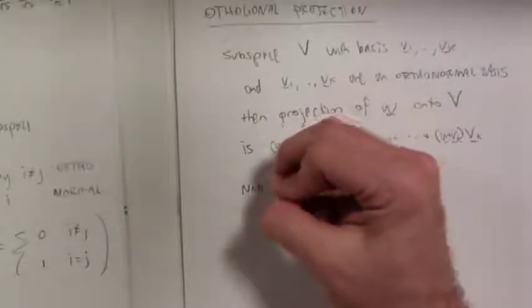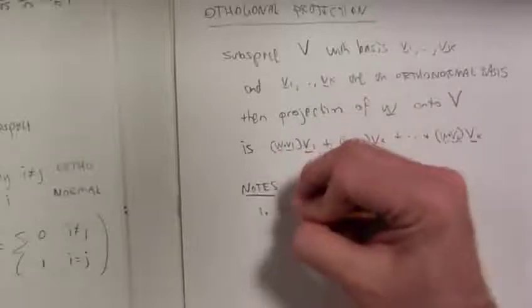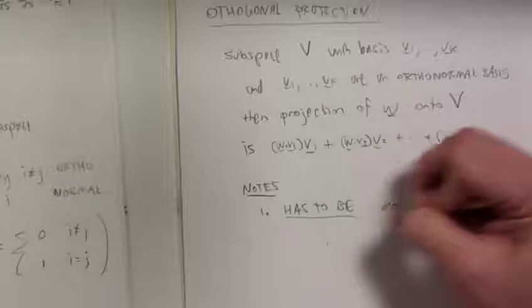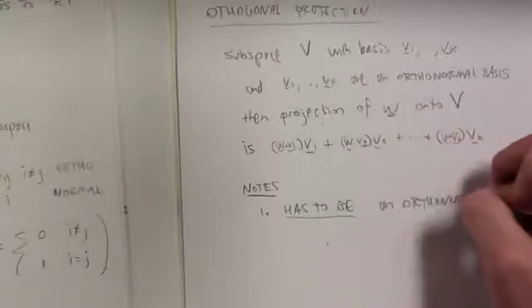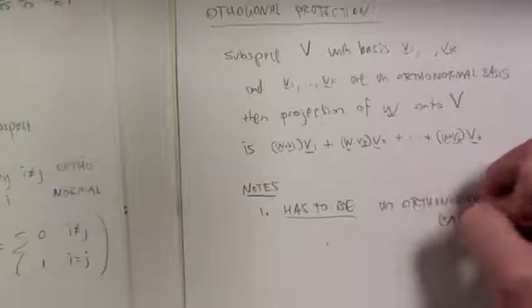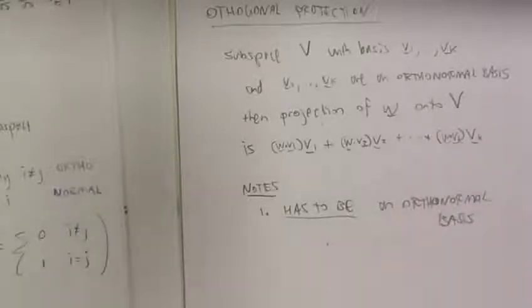So just note 3 notes. 1, it has to be an orthonormal basis for this to work. Okay, it has to be an orthonormal basis for this to work. So if you look at it and it's not an orthonormal basis, you cannot do this until you turn it into an orthonormal basis.